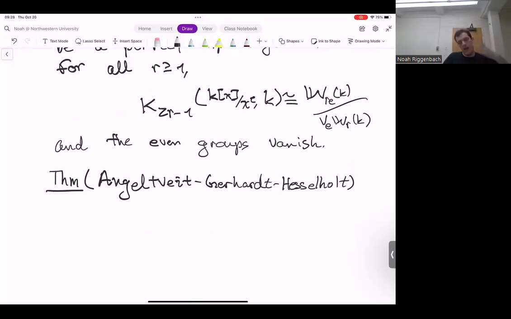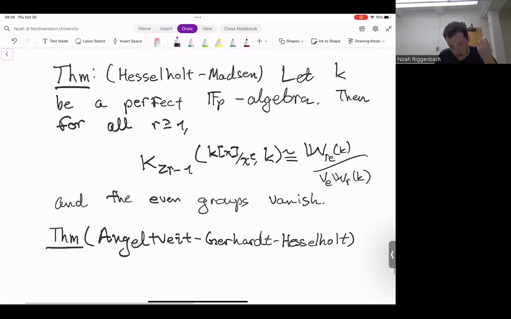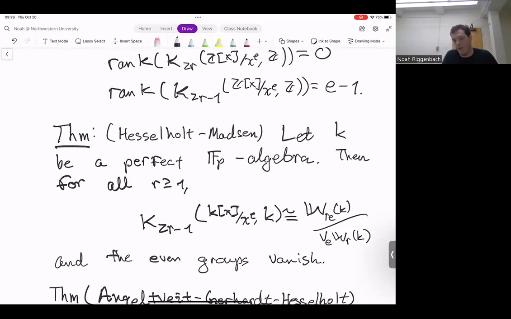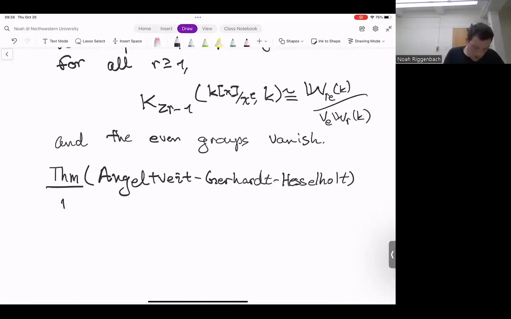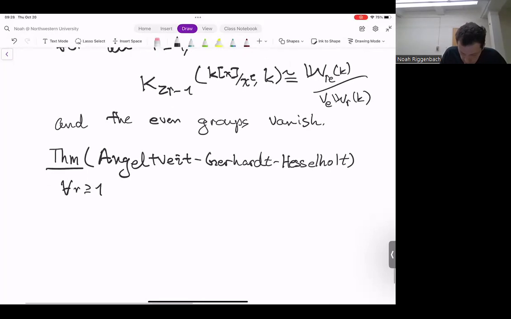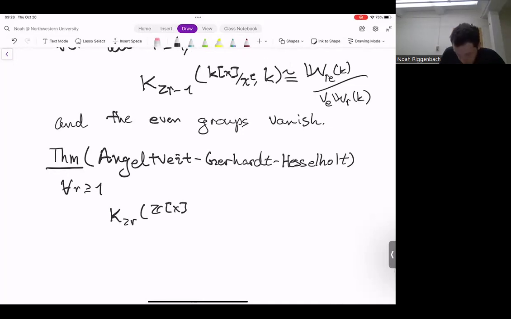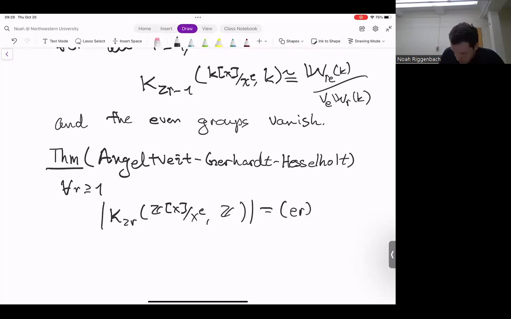And they actually computed the group structure on the odd relative K groups of Z and computed the order, the cardinality, of the even K groups. So for all r greater than or equal to 1, we have that the even K groups of Z adjoin x mod x to the e relative to Z have order e times r factorial times r factorial to the e minus second power.